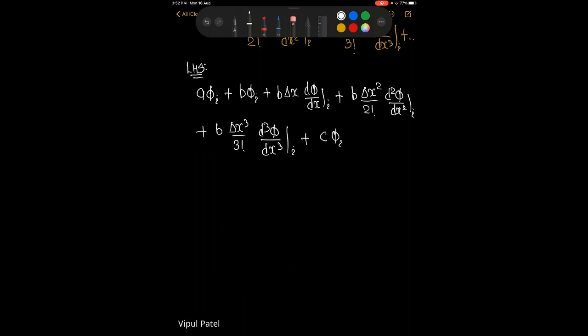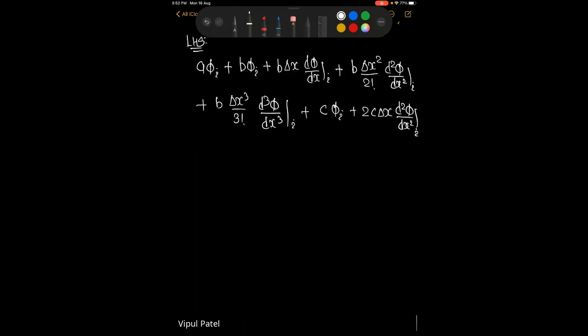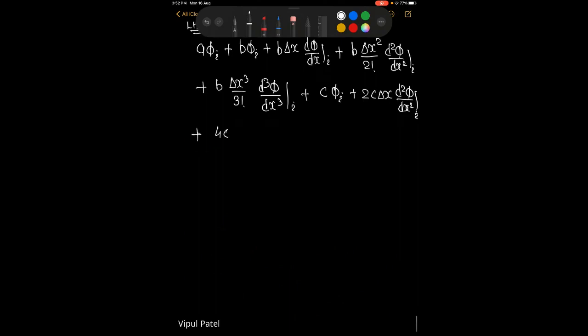So c phi I plus 2c delta x into d square phi by dx square at I, plus 4c delta x square by 2 factorial, then d square phi by dx square at I, plus 8c delta x cube by 3 factorial d cube phi by dx cube at I, and some other terms. Okay, so this is actually my left hand side term.